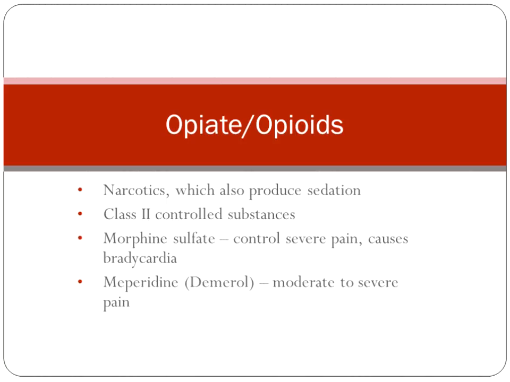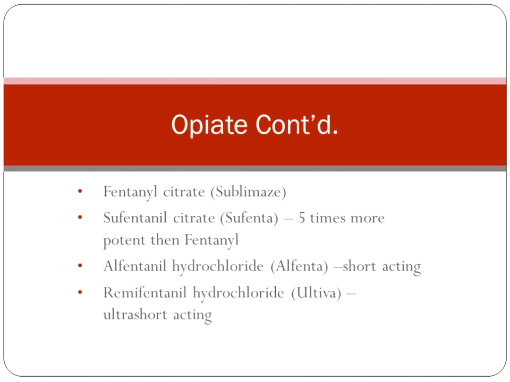Meperidine or Demerol, typically used for moderate to severe pain, can be given IV and or IM. The last of the opiates, more of what we would see utilized in the operating room, are fentanyl or Sublimaze, Sufenta, Alfenta, and Ultiva.